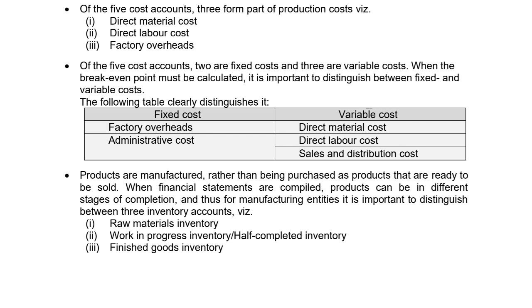Products are manufactured rather than being purchased as products that are ready to be sold. When financial statements are compiled, products can be in different stages of completion, and thus for manufacturing entities, it is important to distinguish between 3 inventory accounts: raw materials inventory, work in progress inventory or half-completed inventory, and finished goods inventory.